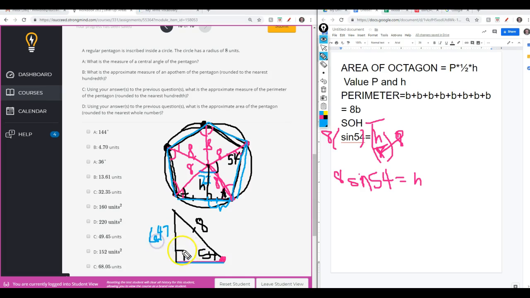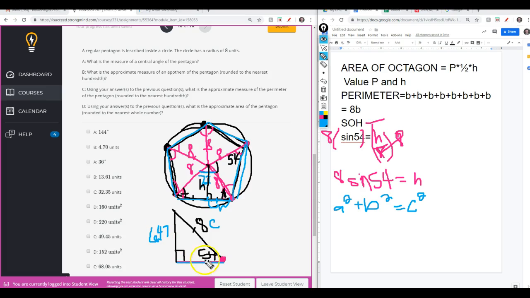So now it's a right triangle, and we do have two of the side lengths, so I can set it up using the Pythagorean theorem. Again, remember the Pythagorean theorem is a squared plus b squared is equal to c squared, where c is the hypotenuse. So this h, since that's our hypotenuse, is c.